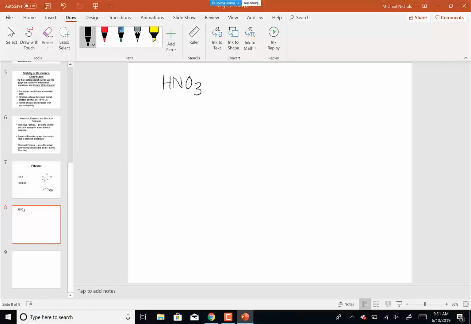I'm going to basically say, okay, what's the central atom here? On that slide it says typically the atom that's the central atom is going to be the least electronegative one. And so with the periodic table, which is in sad shape, but I have a brand new one that I'm going to put up this afternoon.